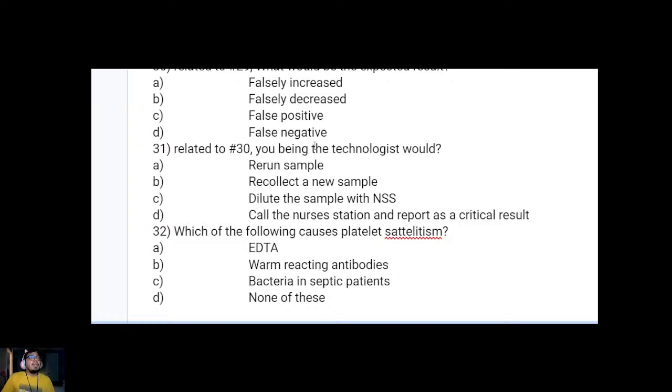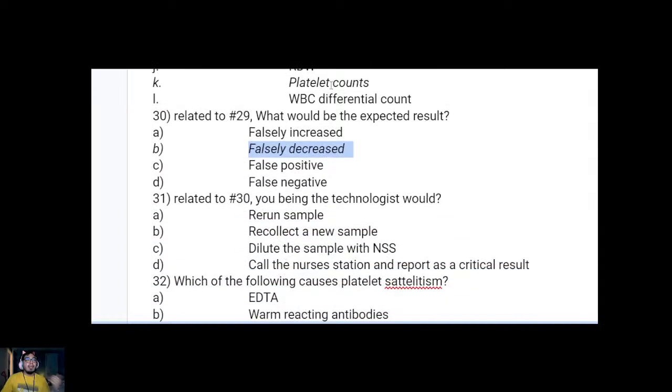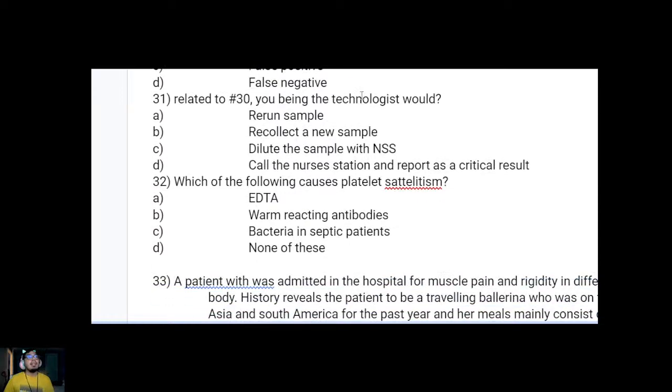What would be the expected result? Is it falsely increased, falsely decreased, false positive, false negative? The correct answer is number 30, letter B. It's falsely decreased. Bakit? It will be counted as other WBC or as an RBC kasi nag-clump together sila, di ba? Nagdikit-dikit sila. Or na-consume sila.